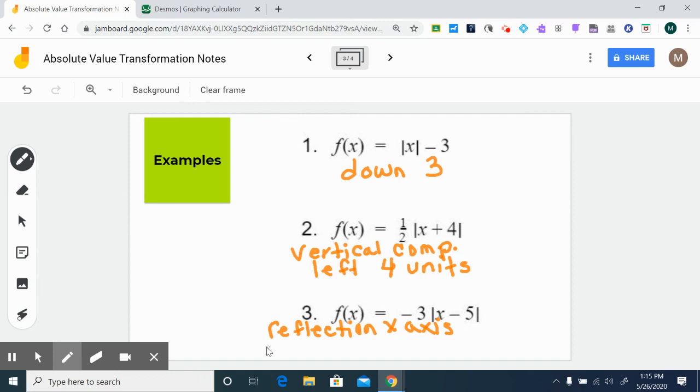The 3 means that it's going to be a vertical stretch since that 3 is bigger than 1. And that x minus 5 is inside the absolute value symbol, which means it's an h value. So x minus, if we look back at the previous slide, meant that we were going to the right. So we are going right 5 units.